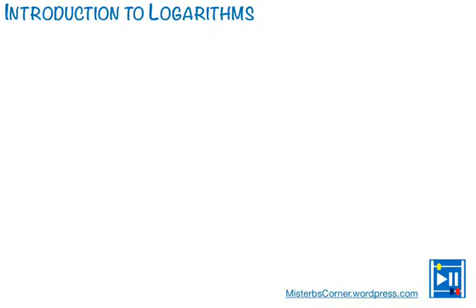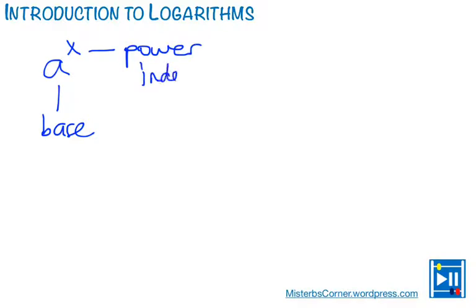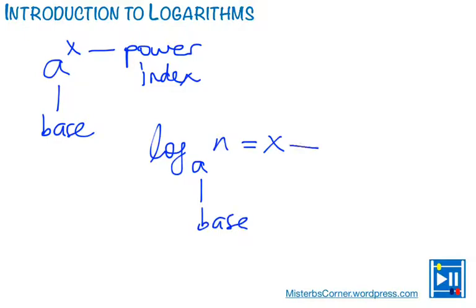When we have an index number, or an exponential, we call this the base and this the power or index. When it comes to logarithms, we write log in any base a of any number n would be x. So this is the base, and this is the index.